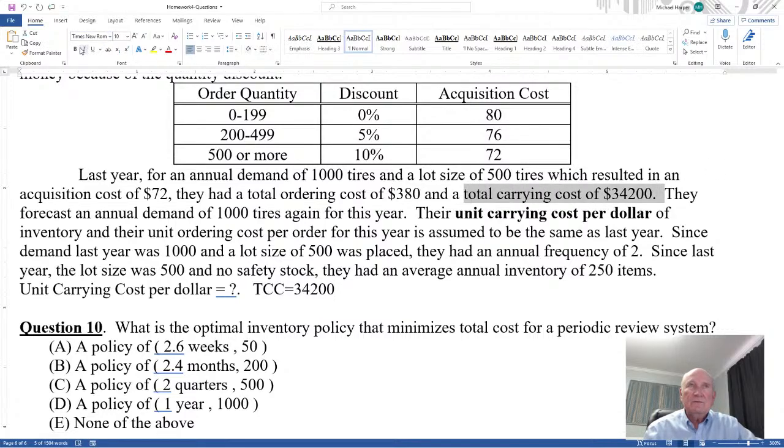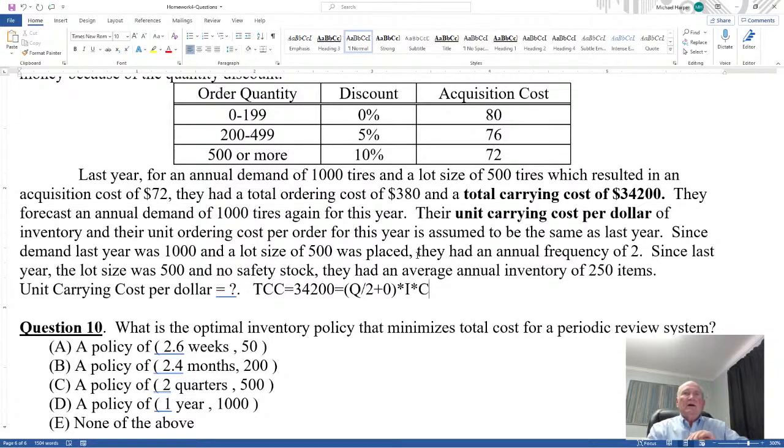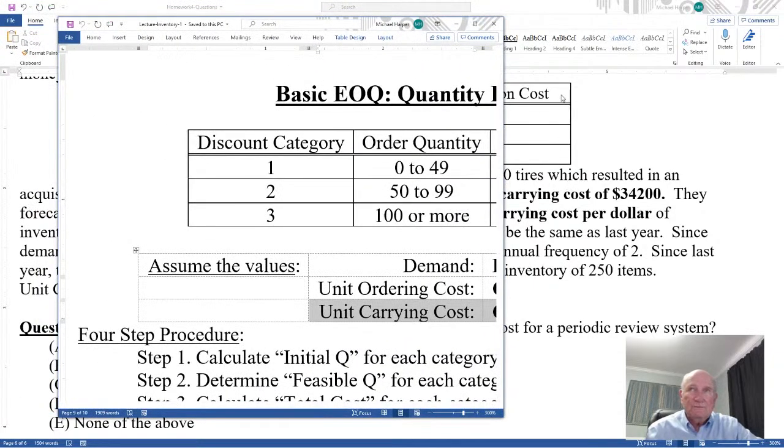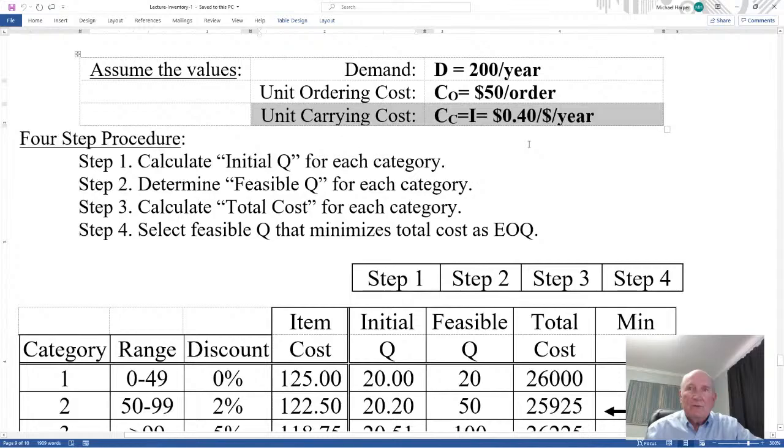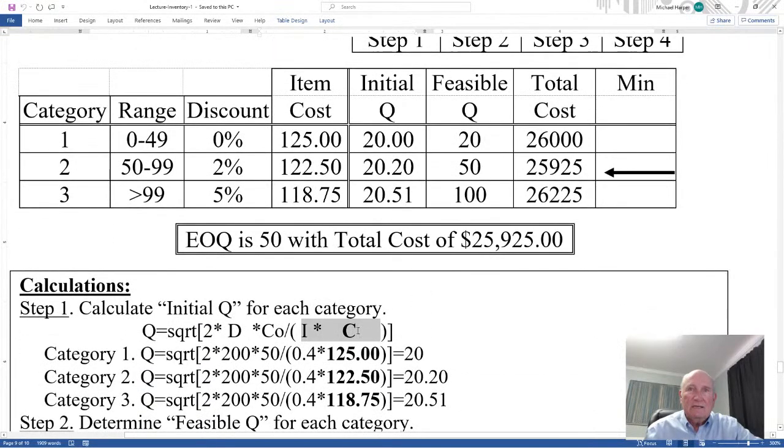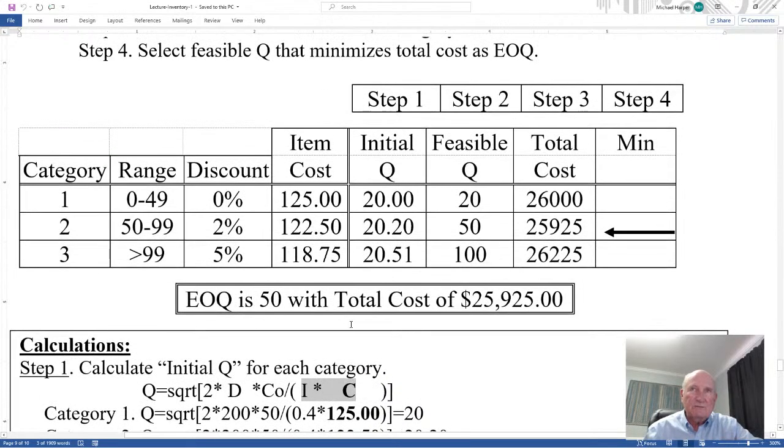That's going to equal my Q over 2, plus 0 safety stock, times my I times C. Remember, again, let's bring back the lecture, and remember that IC is the same as carrying cost: the carrying cost per dollar times C, the acquisition cost or the item cost.